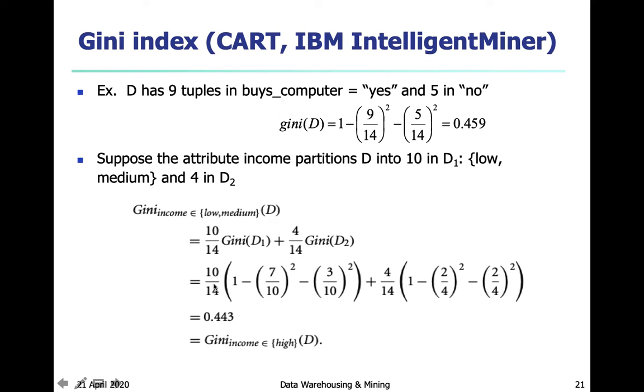So this is 10 by 14, and again I am finding the Gini index: 7 yes, 3 no, and among these 4, 2 yes and 2 no. So this is the value.